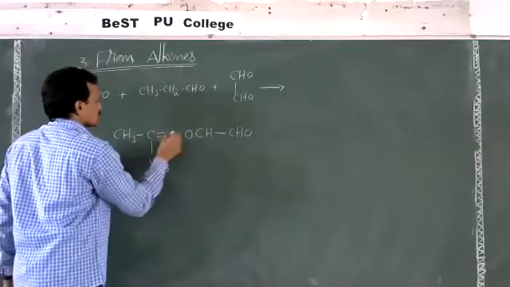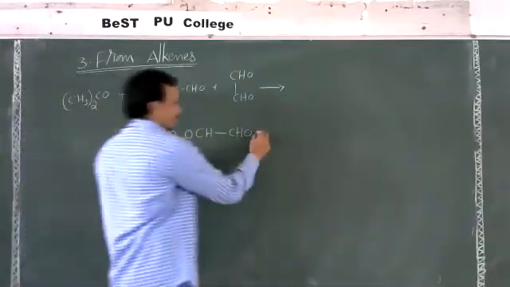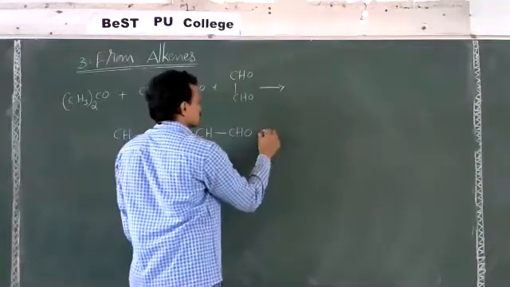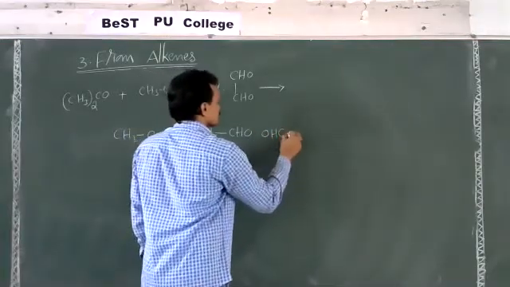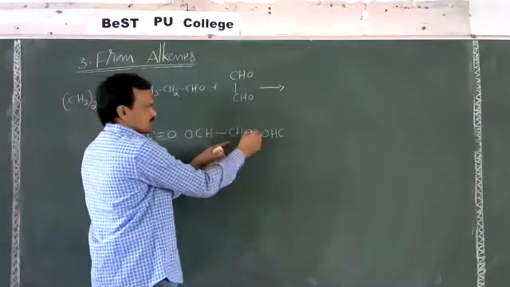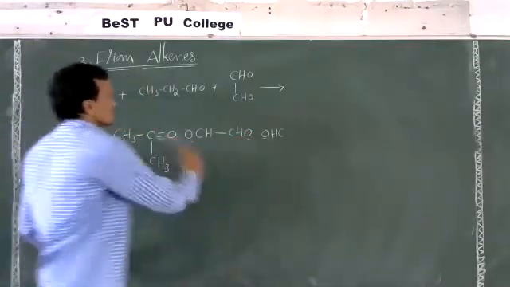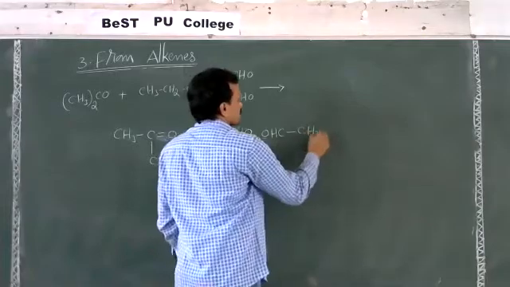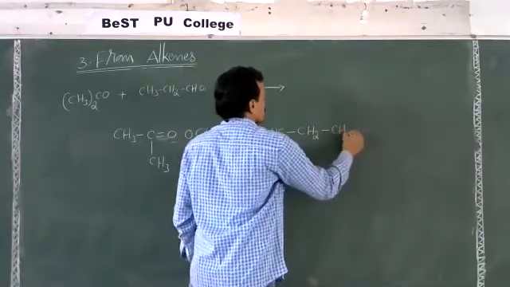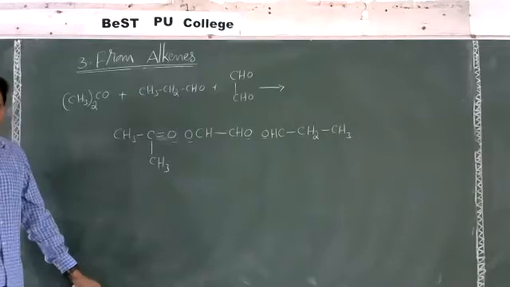This is the second molecule, and the third molecule is propanaldehyde, that I'll represent here. CHO, I'm writing the molecule such that two oxygens will come on adjacent positions. CHO, CH2, CH3. These are the three ozonolysis products.